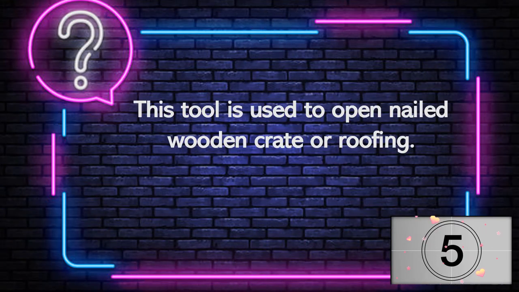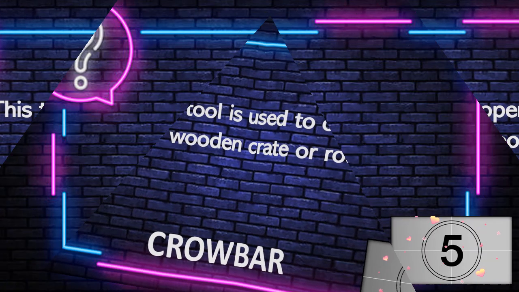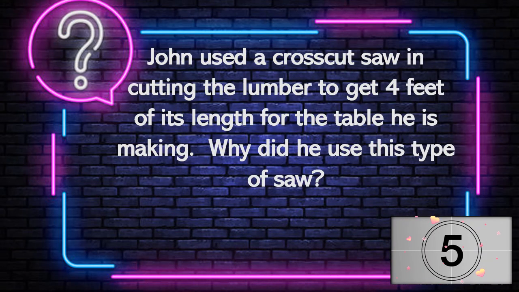This is used to open nailed wooden crate or roofing. Very good. John used cross-cut saw in cutting the lumber to get 4 feet of its length for the table he is making. Why did he use this type of saw?